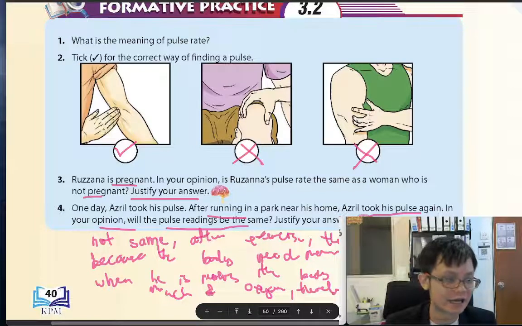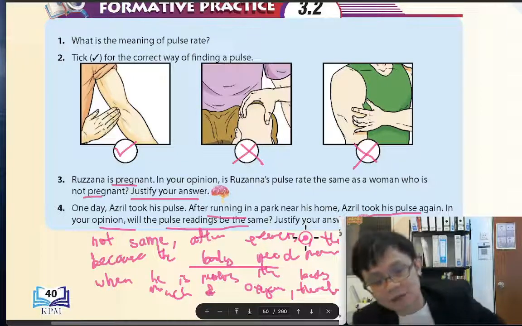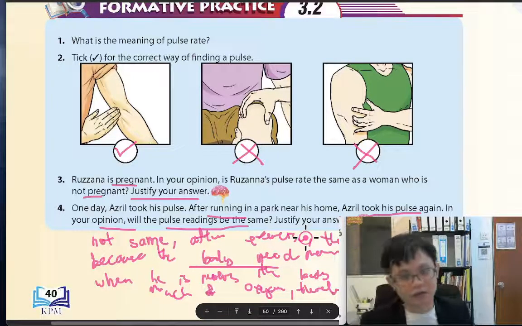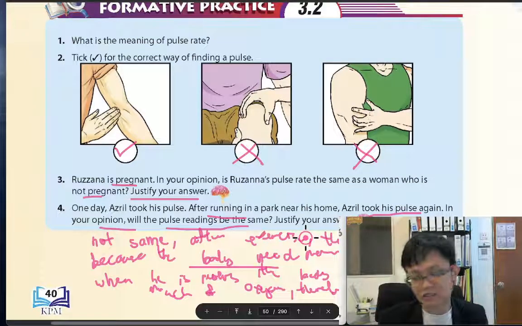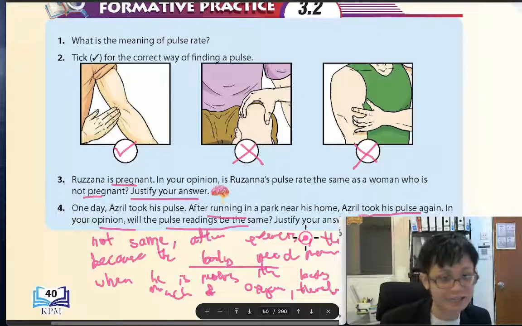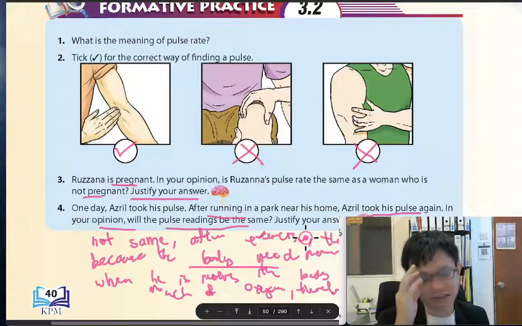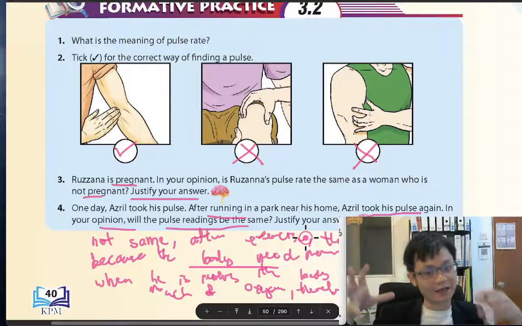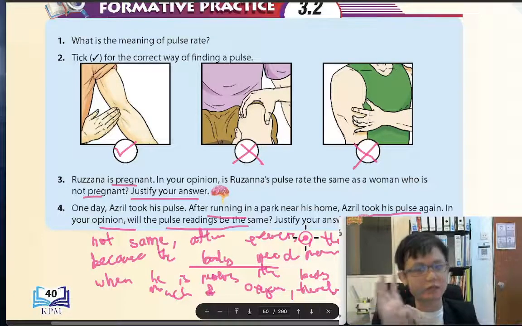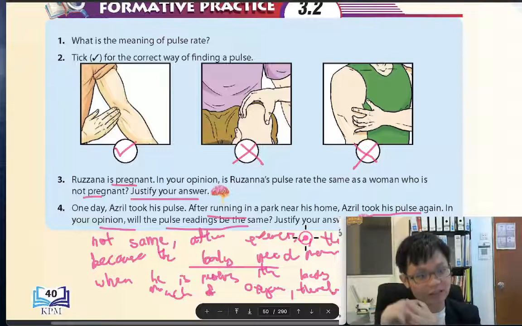So for the keywords, just write the keywords, it's a bit faster: you need more oxygen while the person is exercising, and when resting, the pulse rate decreases because you do not need so much energy, less respiration, the breathing is lesser as well, and the pulse rate is lesser. So all this correlates, links with one another: respiration, oxygen, heartbeat, blood pressure, and so on.